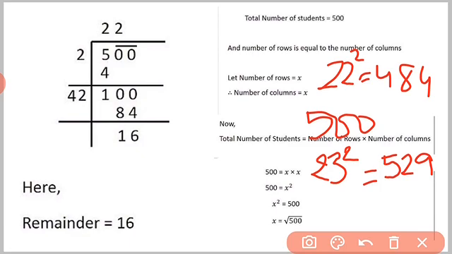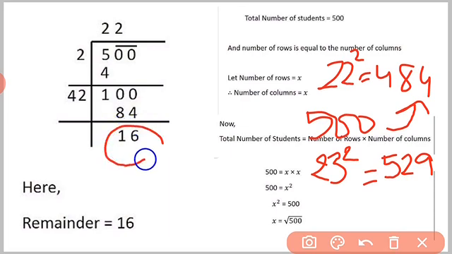That means we should find a perfect square which is less than 500. So we will move in this direction.